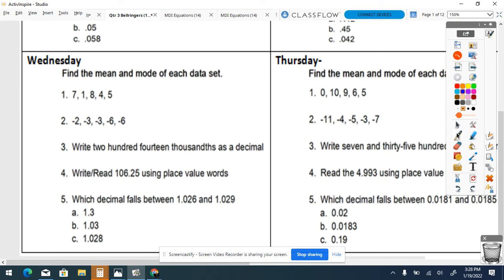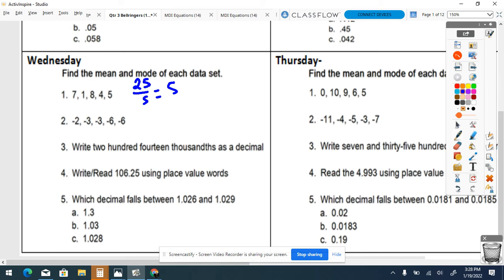All right, so the first thing we do is find the mean. Remember, the mean is the average. We add up all the numbers and divide by how many there are. So go ahead, pause the video, find the mean for number 1 and number 2. All right, so we should have got 25 divided by 5, and our mean is 5.